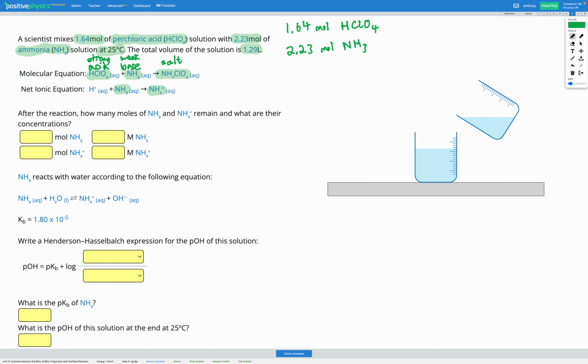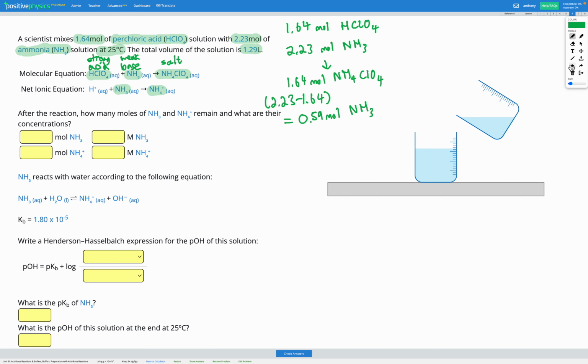So that means we're going to have 1.64 moles of HClO4 reacting with 1.64 moles of ammonia to form 1.64 moles of NH4ClO4. So we're going to get 1.64 moles of NH4ClO4 produced, and we're going to have 2.23 minus 1.64, which is 0.59 moles of ammonia remaining.